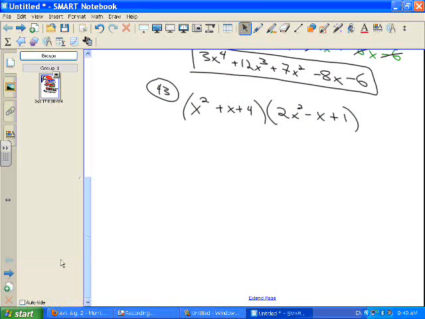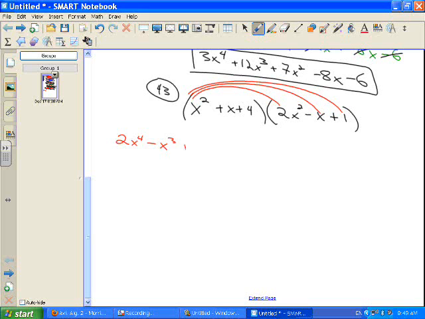All right, this one I've got 3 terms on the left to go through all 3 terms on the right, so I'm going to have a much longer list. So x squared times 2x squared is 2x to the fourth. And then x squared times negative x is going to get negative x cubed. And x squared times 1 is positive x squared. All right, so then I move on to the next one. So x times 2x squared is going to get me 2x cubed.